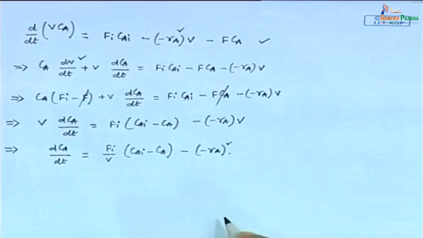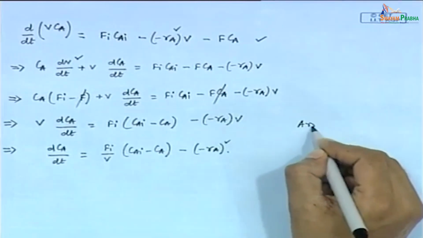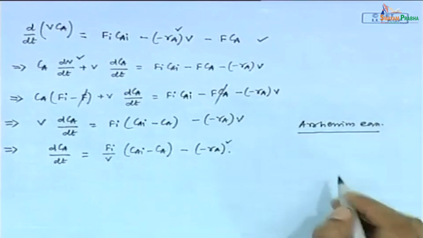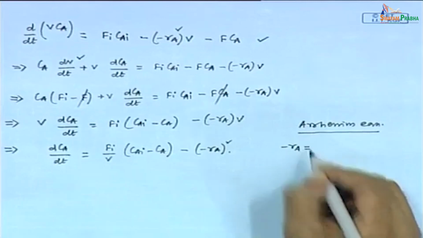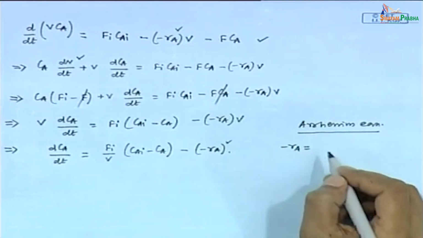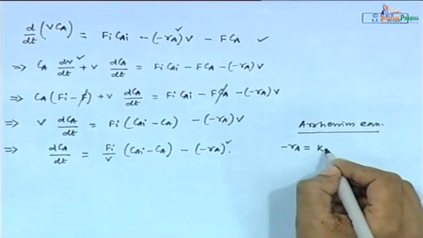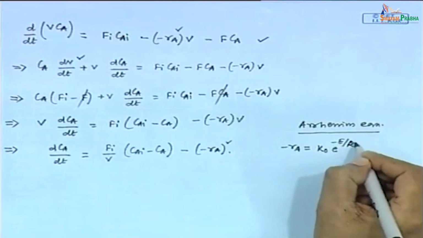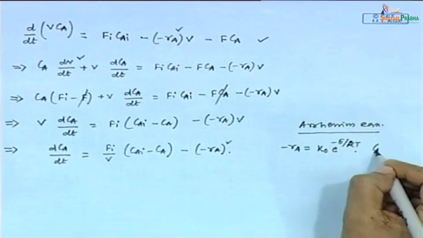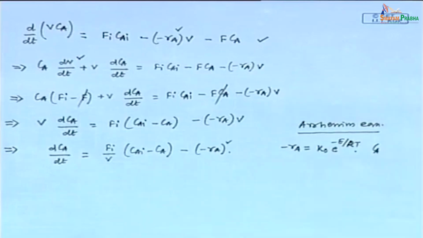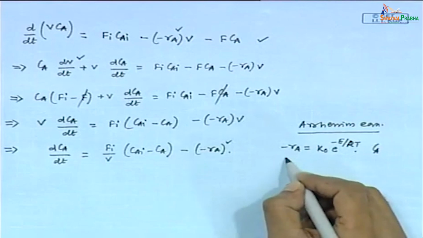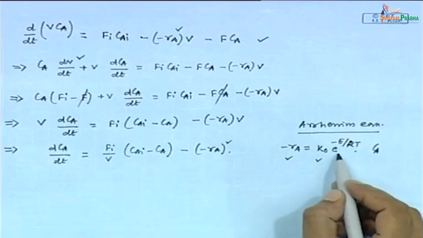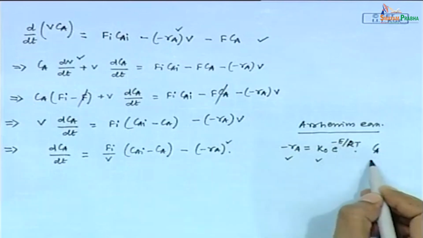Now, if we consider the Arrhenius equation, then accordingly we can write minus Ra equals K naught exponential of minus E divided by RT into Ca. According to the Arrhenius principle, the reaction rate equals the pre-exponential factor, then exponential of minus E divided by RT, Ca.